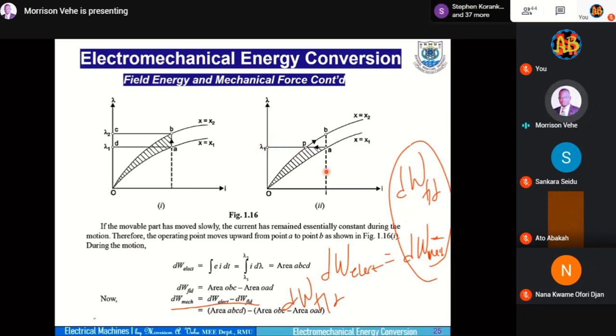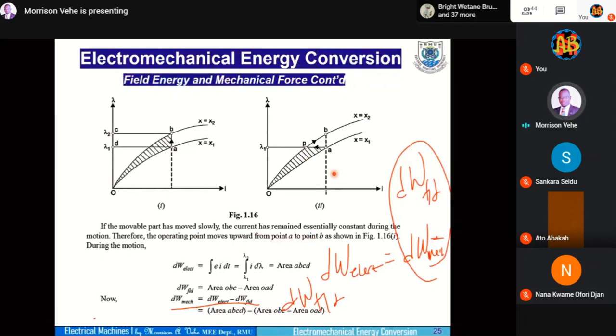We assume that it's basically constant, but because there's a quick movement, that will also be seen in the manner in which our current behaves in the system. Now, like we have in the figure, your operating point will move upward from A to B.